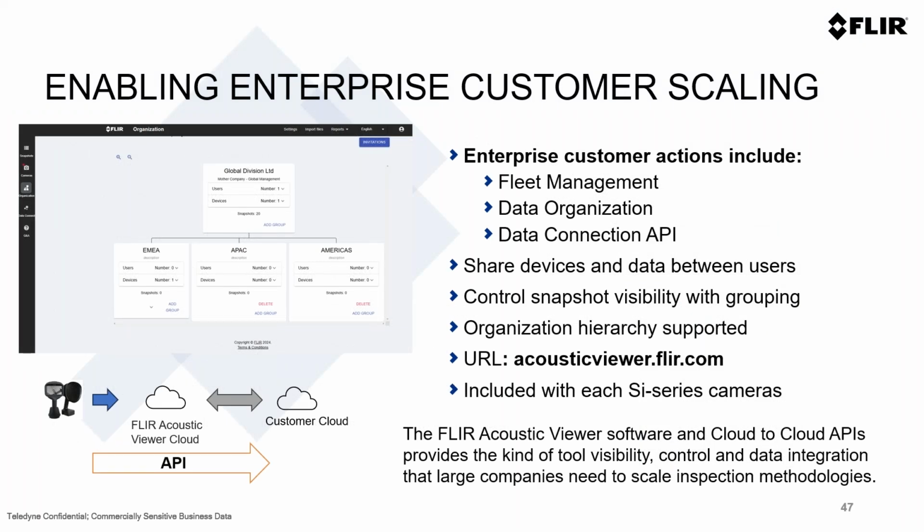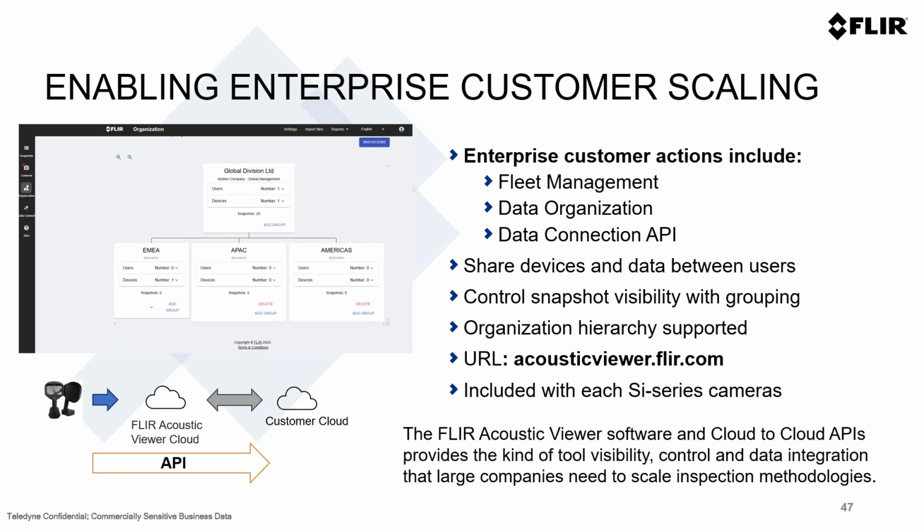And the next one is enabling the enterprise customer scaling. So for our large customers, we offer a set of tools also to expand on their capabilities. In this case, if they have more than one camera, there are tools such as fleet management, for example. So you can actually see where your cameras are in different places or in different plants.